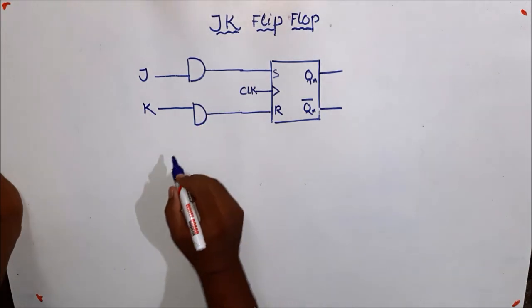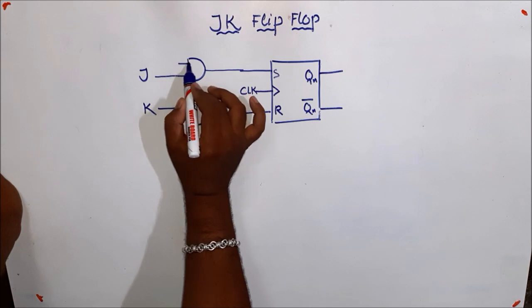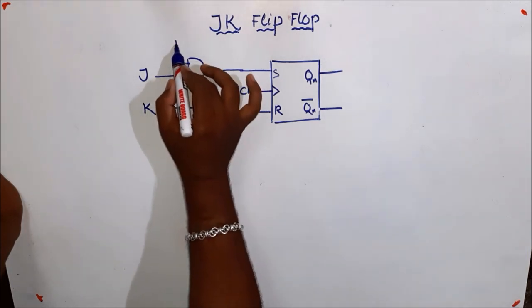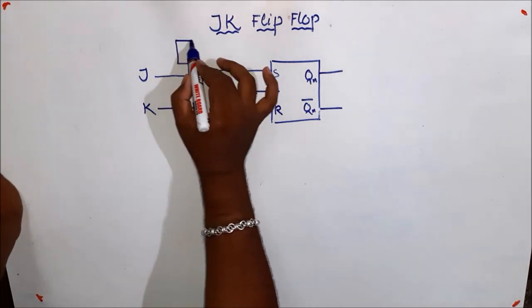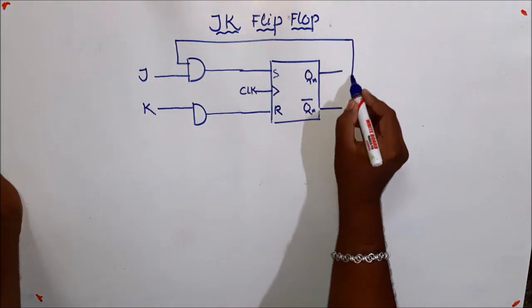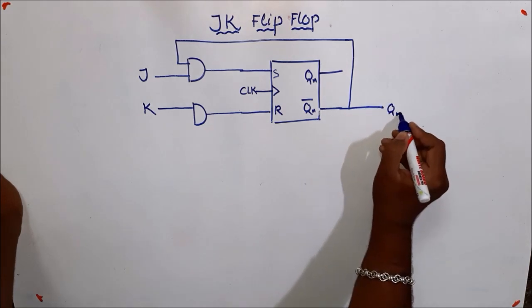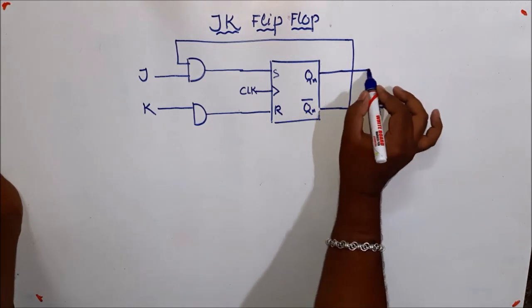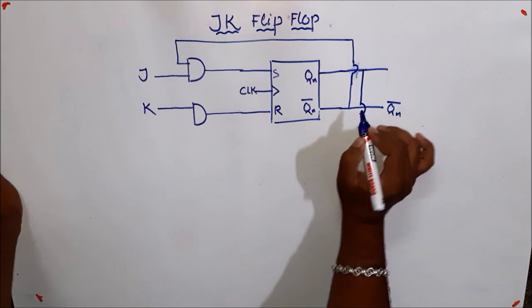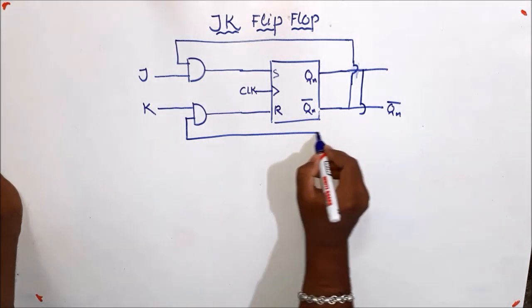The remaining two inputs to the AND gates will be the output of the SR flip-flop. So this is Qn complement, and this Qn is again connected to the input of the second AND gate.